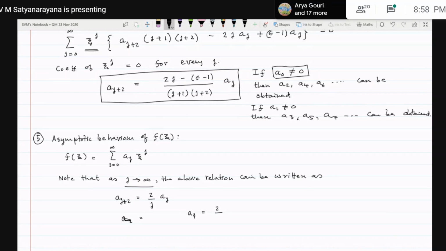Let us call this as A4, that means j equal to 2, so it is 2 by 2 into A2. Similarly, if you want A6: if I give A2 here, I get A4.